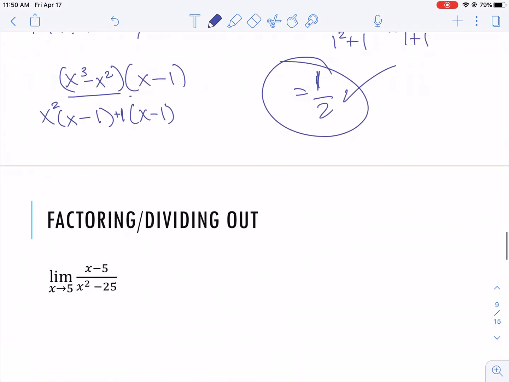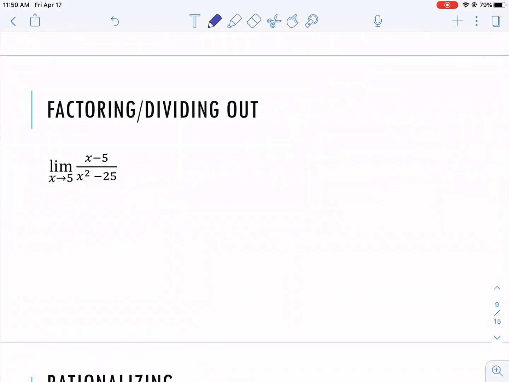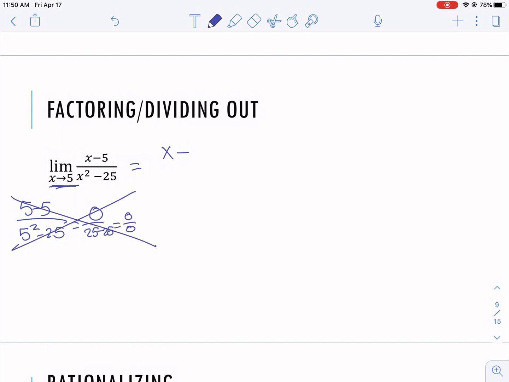Okay, so another factoring one. Okay, this is just good to review our factoring rules. Again, if I plugged in 5, 5 minus 5, 5 squared minus 25, 5 minus 5 is 0, 25 minus 25, okay, I get 0 over 0 again. That's not okay. So technically the function doesn't exist at 5, but I notice here it's a difference of squares.